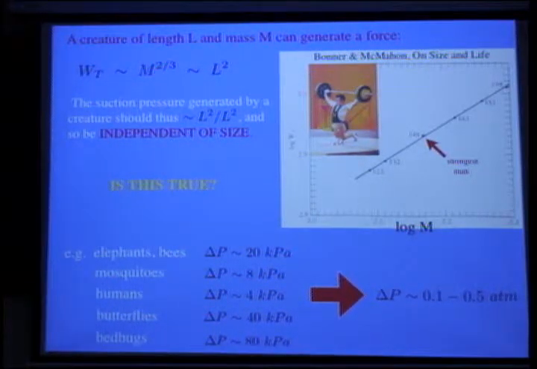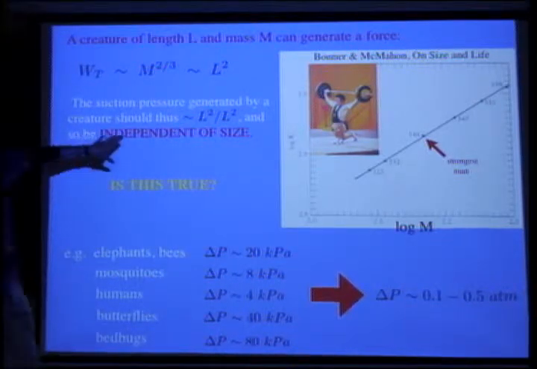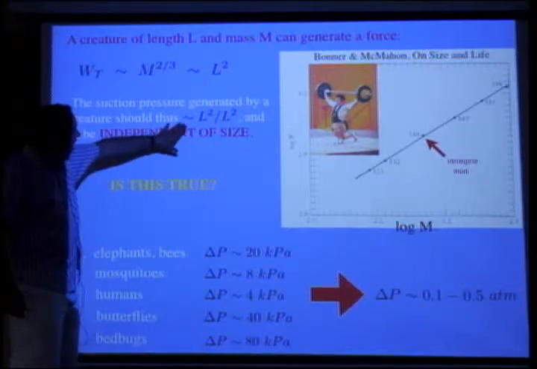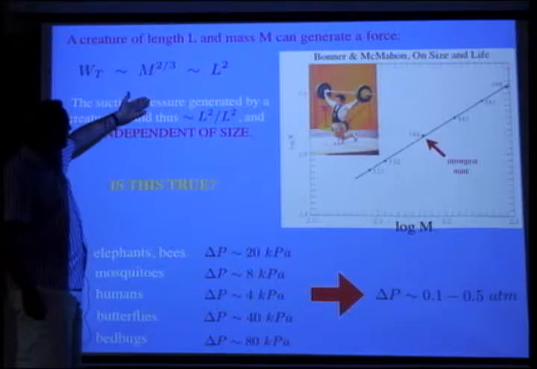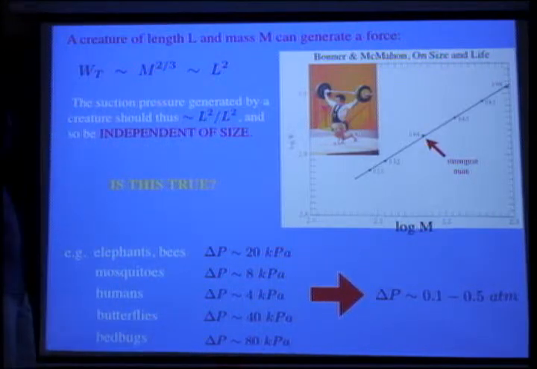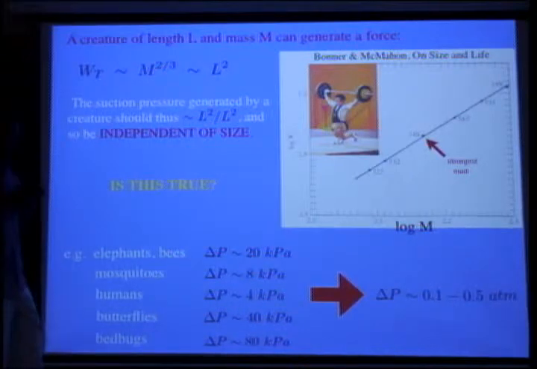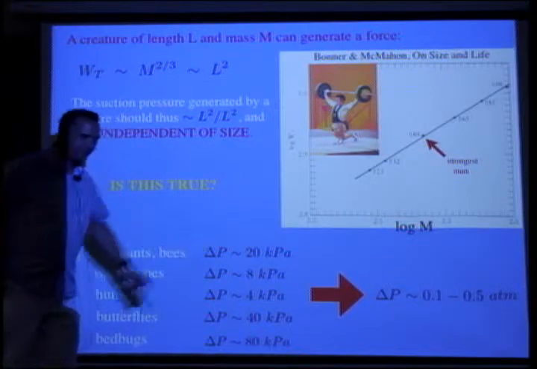There's actually a way of normalizing a measure of strength. And so, if this is true, which we have every reason to believe, then the pressure that can be generated by a creature is independent of size, because you expect the pressure to be the force divided by a characteristic area. So is this actually true? This is saying that the suction pressure generated by any creature is going to be about the same. And if you look, it actually isn't bad. Elephants and bees, the same.